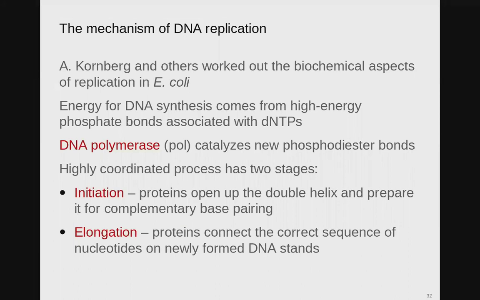That's the energy currency of cells. Now, DNA polymerase catalyzes new phosphodiester bonds. So DNA polymerase, poly, as in adding polymers, ase being enzyme. So it's an enzyme that catalyzes adding new polymers of DNA together. Right? That's all that's telling you.